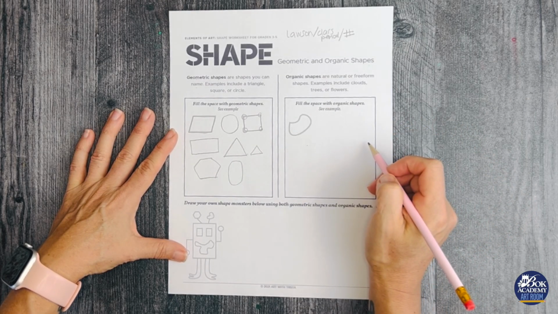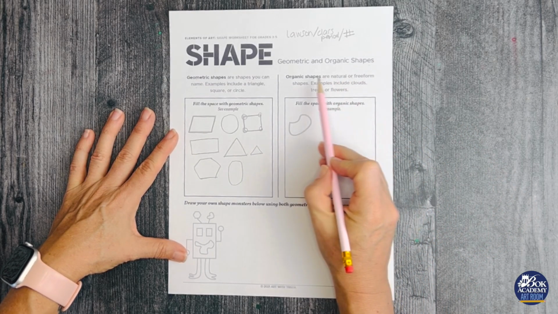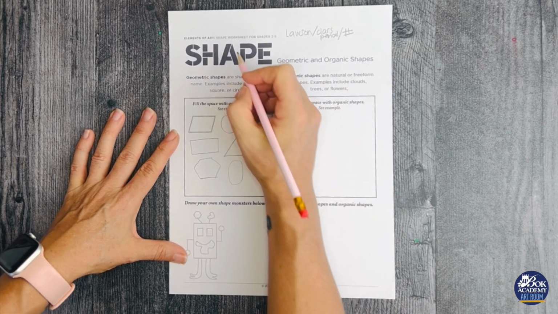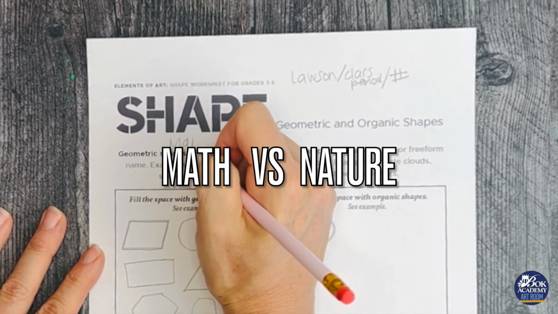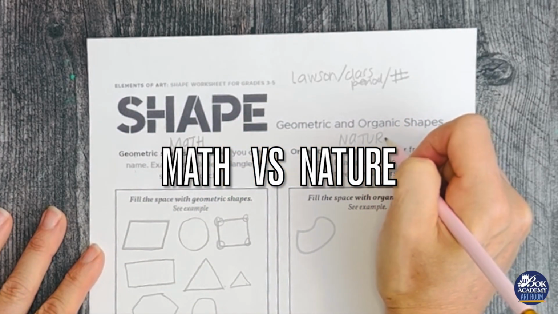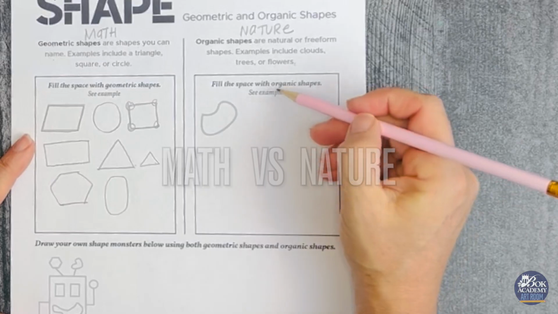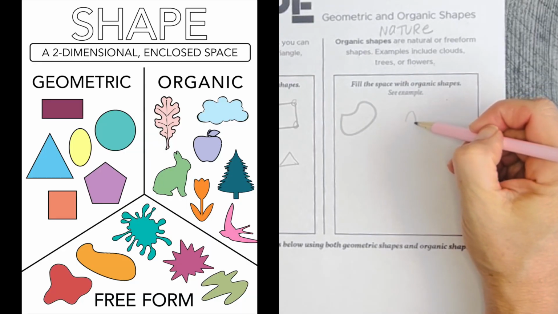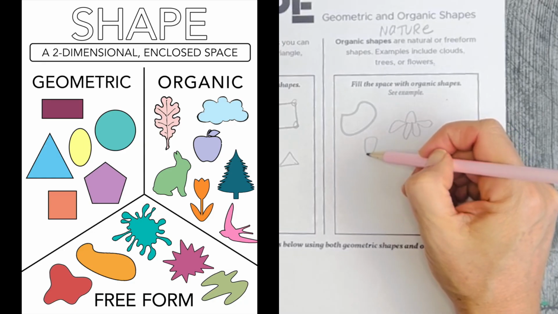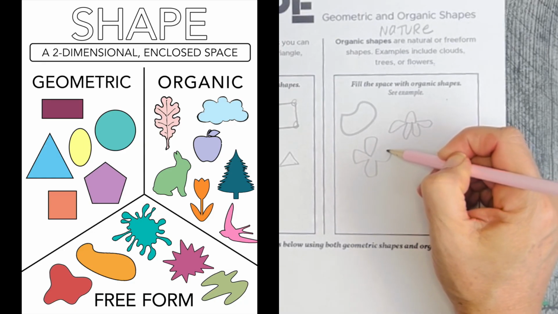As for organic shapes, again, these are natural or free-form shapes. Examples include clouds, trees, flowers. I like to call these, I'm going to write this up here if you need to, math, nature. Again, that's what I like to call them, because if Miss Lawson says draw a flower, you could draw it lots of different ways.